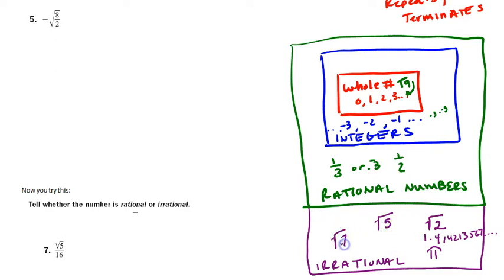Square root of 7, not a perfect square, an irrational number. Now, if I take all the rational numbers and all the irrational numbers and put them together as one category, I can call those real numbers.